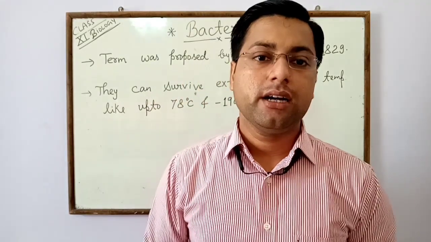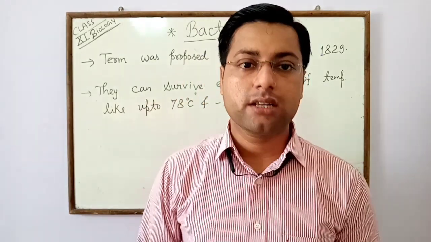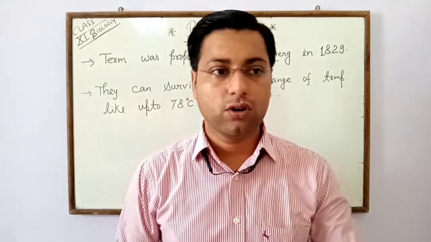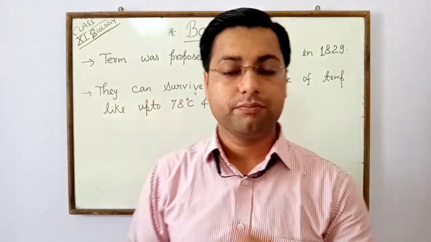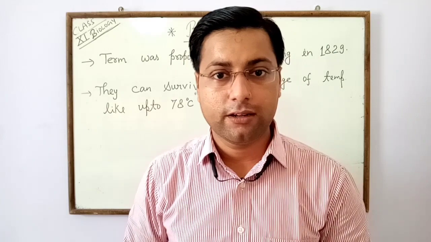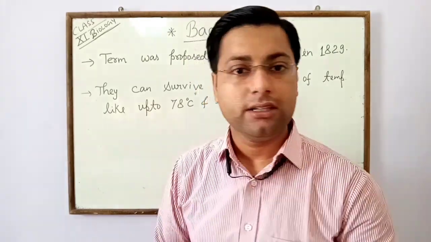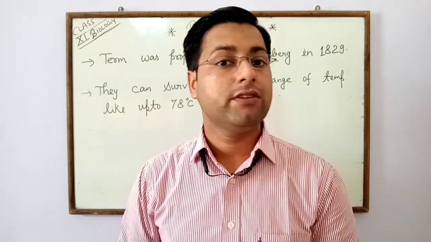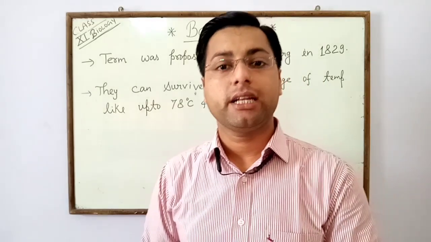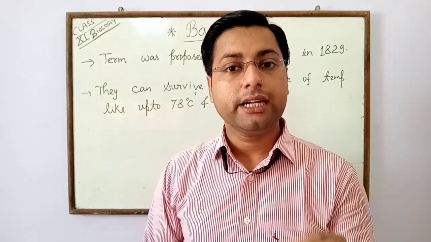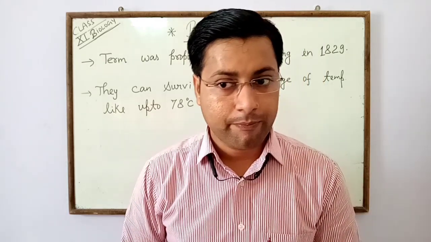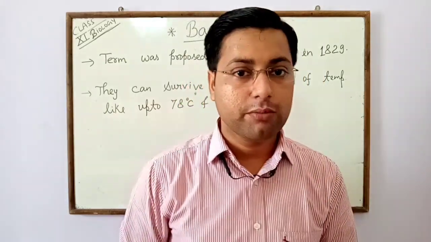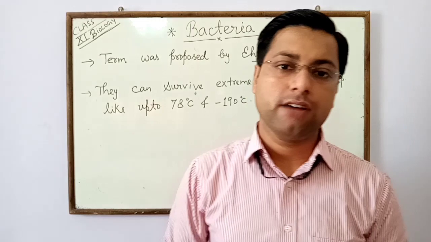In case of bacteria, some are useful and some are harmful for us because some bacteria are used in the preparation of different types of food material, in the bakery industry and the beverage industry, and some bacteria cause different types of fatal diseases in animal body as well as in human body and in plants.